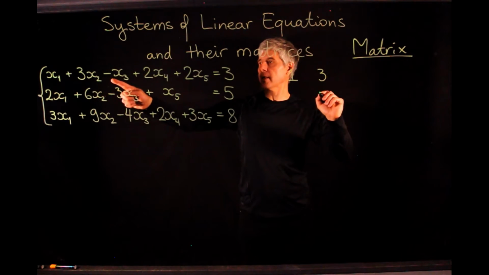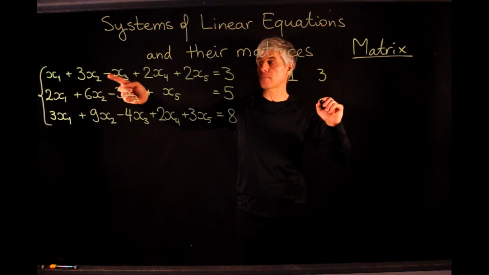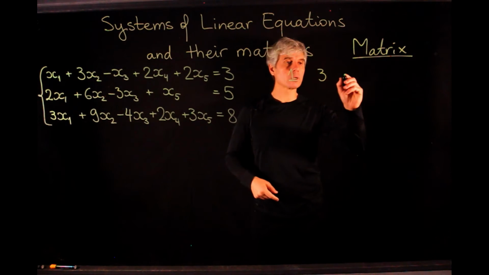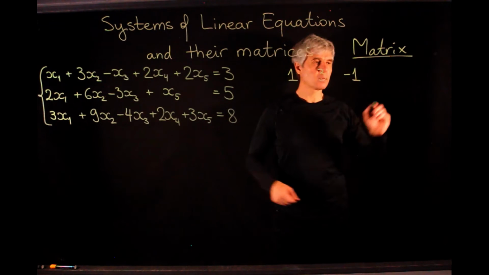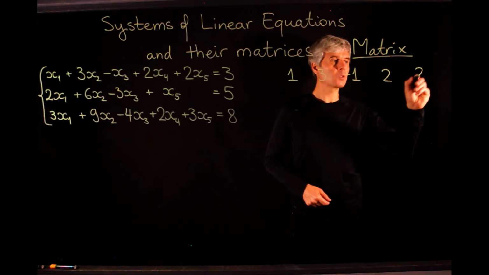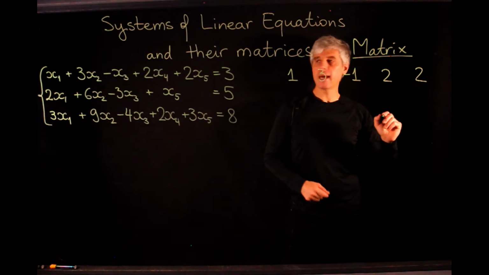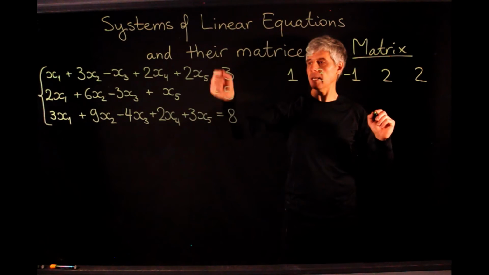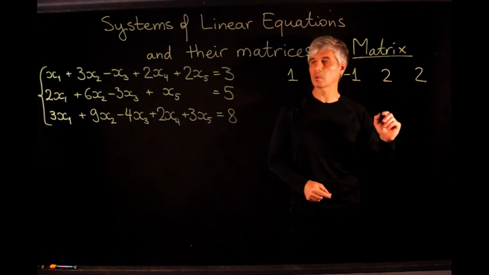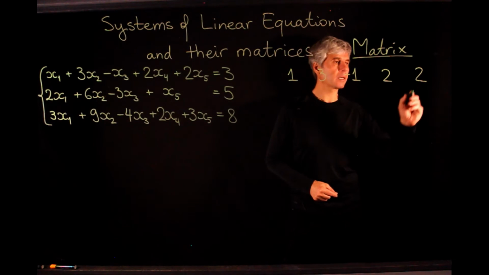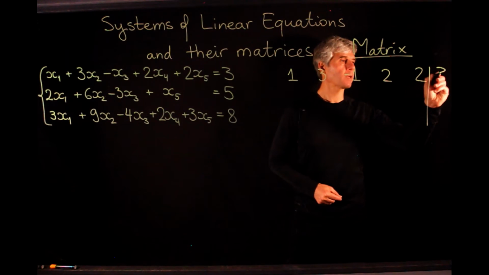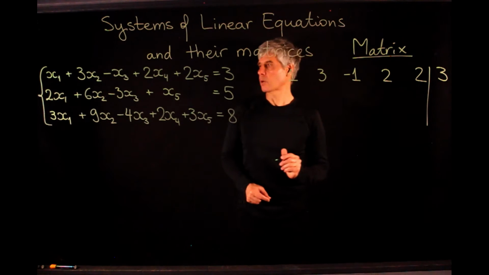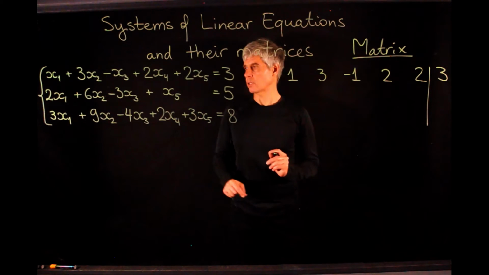Then the next one, it's minus x3, so this is minus 1 times x3, so here we should write minus 1 to account for the sign. Then we have 2 and 2. And to indicate that what follows is in the right-hand side, I will put a vertical bar here, and I'll write a 3 here.